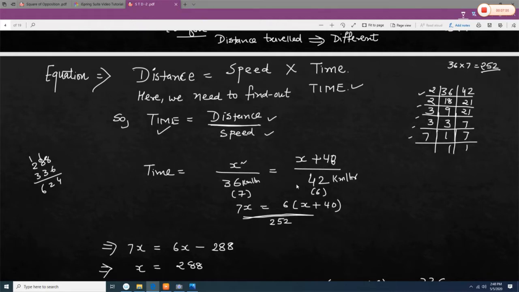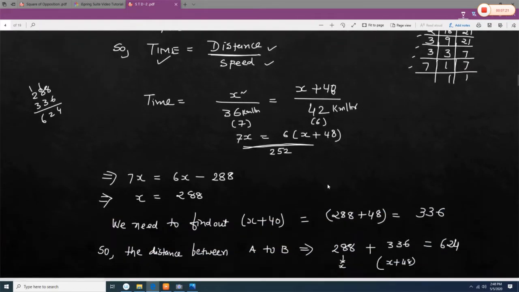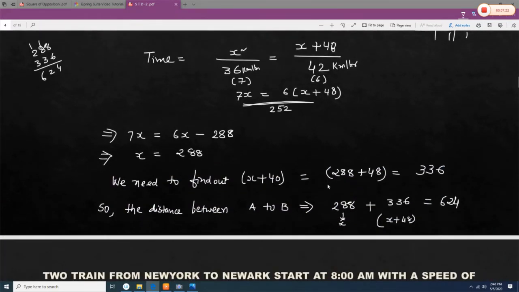Now when I multiply 36 with 7, it is 252, so it is 7x. And I am multiplying 42 with 6, which comes to 252, so it is 6 times x plus 48.